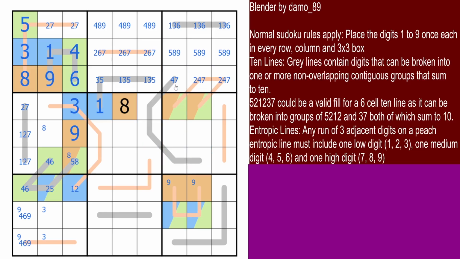Yeah, 7 is not possible, because for 7 either this is 3 which sums to 10, which is not possible, or this could be 1 2 which sums to 10. And again that is not possible, right? So that 7 is not possible. So that's 4, that's 2 7. Oh, so this is mid now, right? Because 7 is high, and so low and high are gone, so this has to be mid.